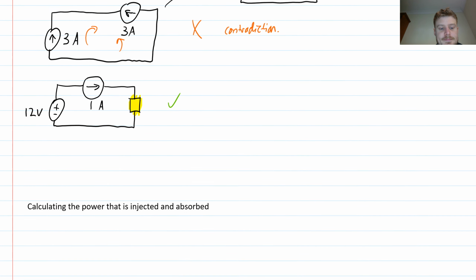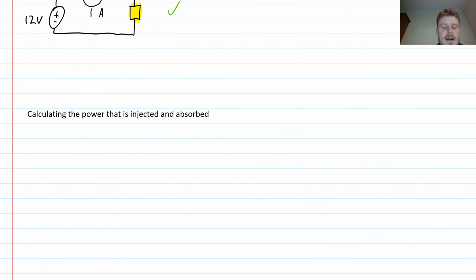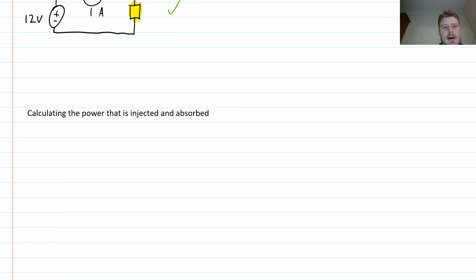Now, as far as calculating the power, you're going to be asked in some of the tute problems to calculate power, and essentially we do this the same as last week. We use P equals IV or VI.